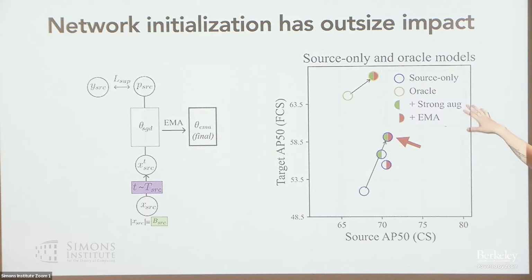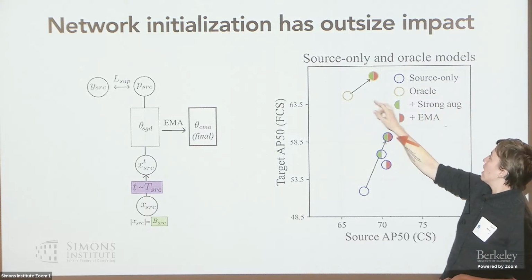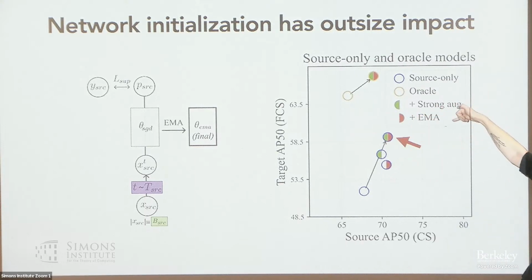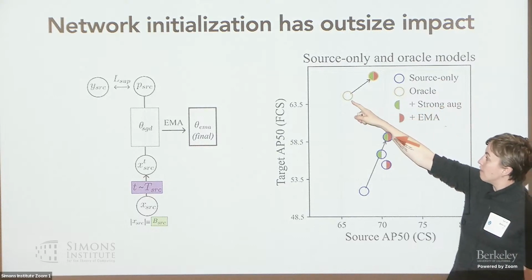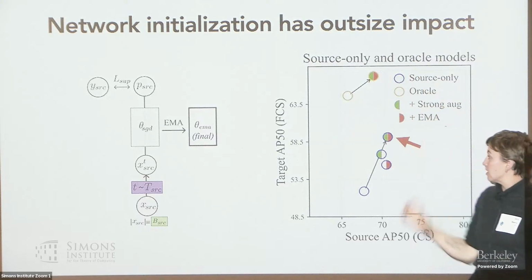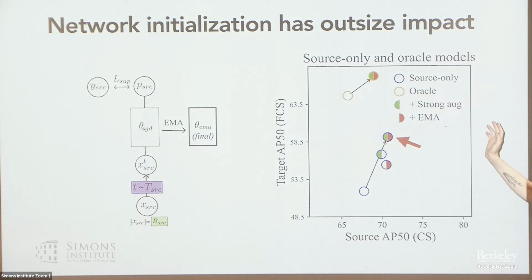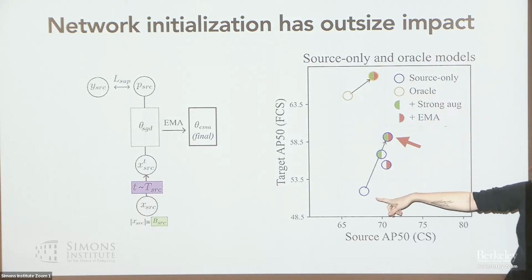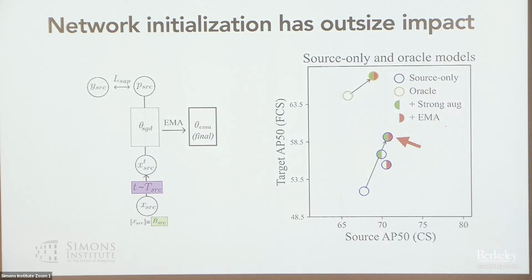Here we're looking at an oracle model, and if you add strong augmentation and exponential moving averages, that model significantly increases. But also from your baseline model, if you just add strong augmentation, you get much better. If you just add EMA, you get much better, and the combination is significantly better. So network initialization is a pretty important dimension, and I would argue that better starting points tend to be better adapters.